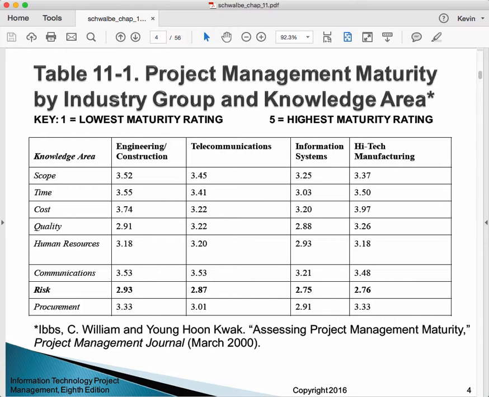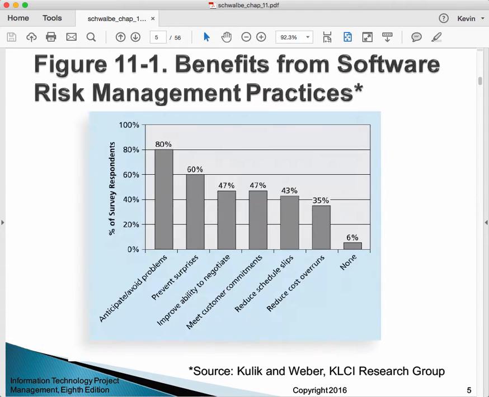And then if you look in the information systems column, the maturity rating that we've given ourselves, because that's how we typically do it, we have consultants coach us through a self-evaluation, is 2.75. That's the lowest of all the ratings in all of the knowledge areas. So when we say it's low, we mean it's low.